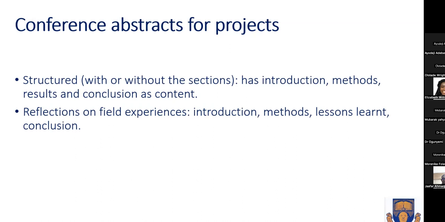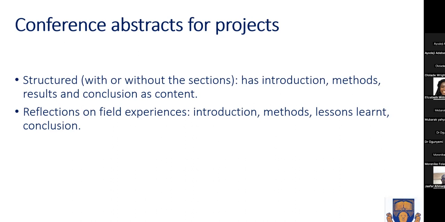So usually an abstract will have an introduction or a background, the method, the results, and the conclusion as content. When it has sections, you write introduction or background, and then you write what you need to write. You write a method, then you write what you want to write. When it's not structured per se, it doesn't have those sections, but you will be able to identify these 4 categories. You will identify it clearly without them writing the titles.